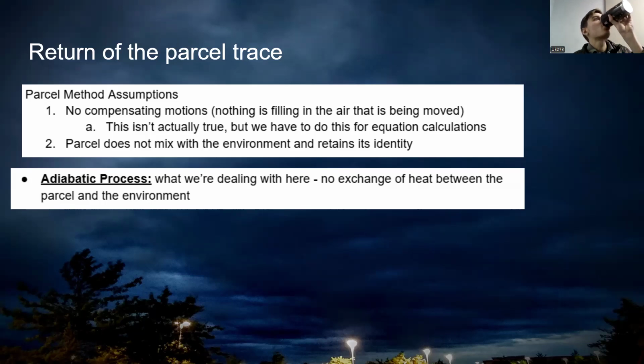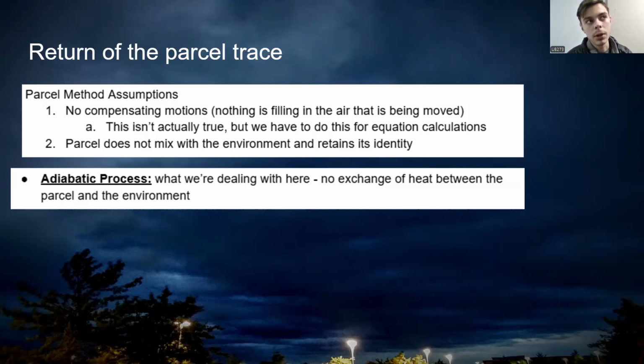And the way that we're able to determine that is because we have these rates. Remember, we have the environmental lapse rate, the dry adiabatic lapse rate, and the wet adiabatic lapse rate. By the dry and wet adiabatic lapse rates, we're able to know what the parcel is going to do.